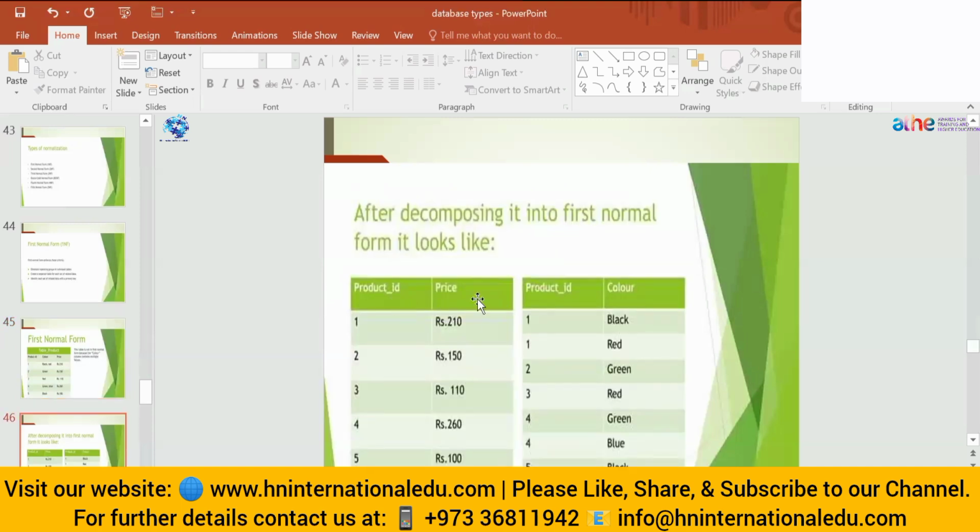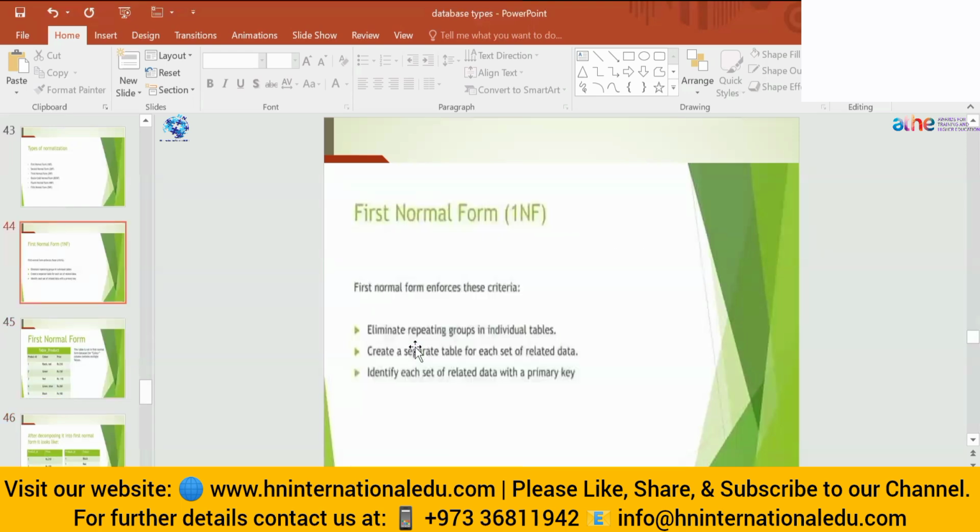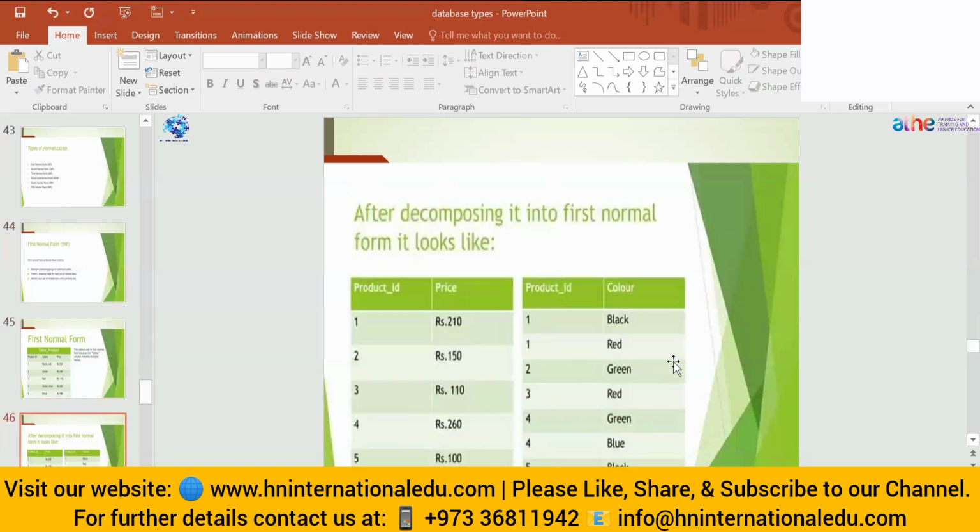The attributes product ID and price don't have any anomaly, so we have to separate them into another table. This is the second criterion: create a separate table for each set of related data. And in the other table we have the row one.